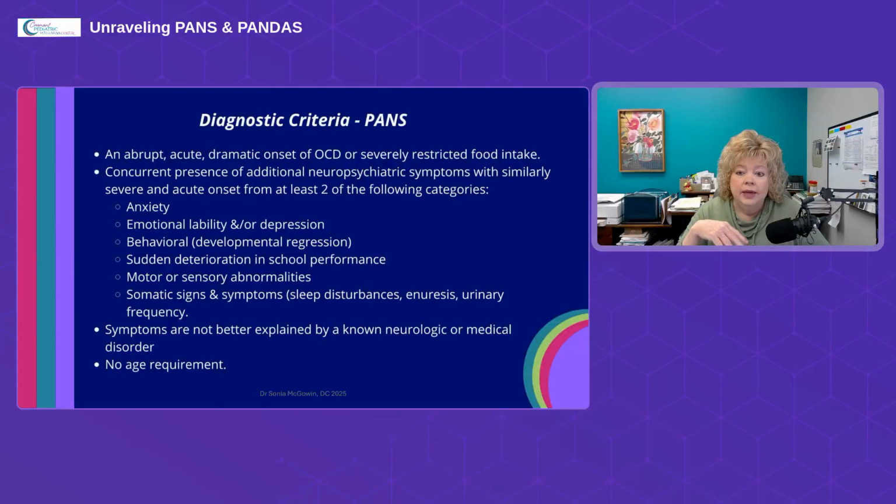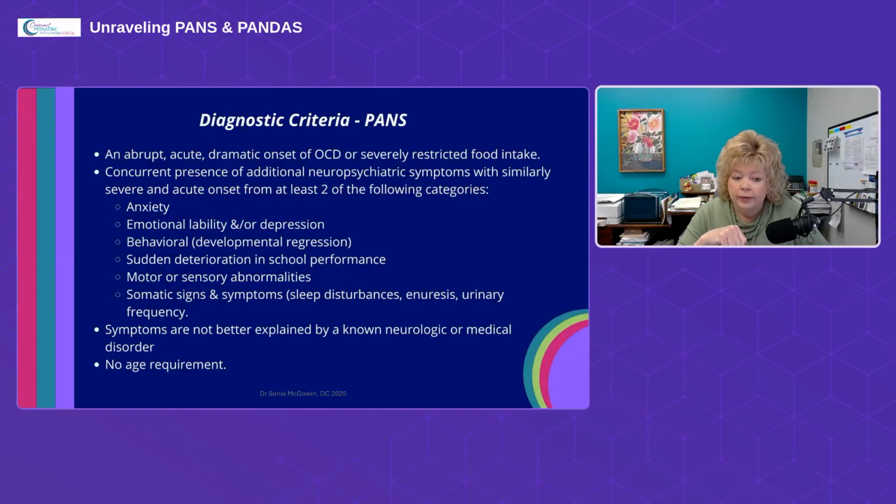We will see behavioral things. A lot of times we'll see a regression in certain behaviors. They lose some developmental skills. Another symptom would be motor or sensory abnormalities. This could include motor tics, vocal tics, what we call choreiform movement, so a certain type of uncontrollable movement.